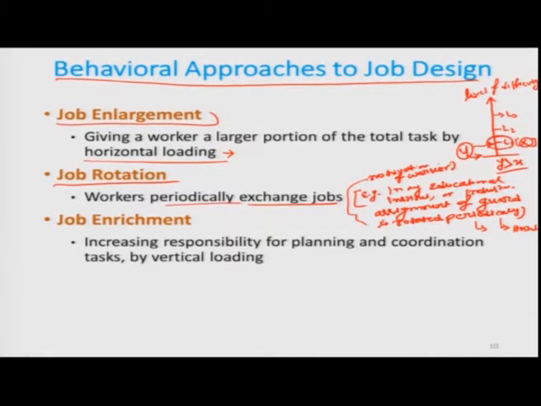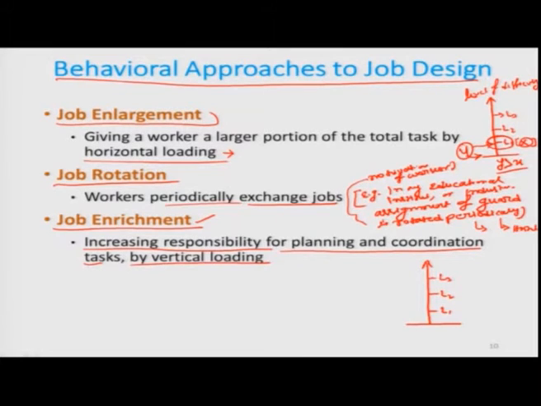Okay. The third one is job enrichment. Here, as the name suggests, it means increasing responsibility for planning and coordination tasks by vertical loading. Taking the same example, this is the level of difficulty, with L1, L2, L3.